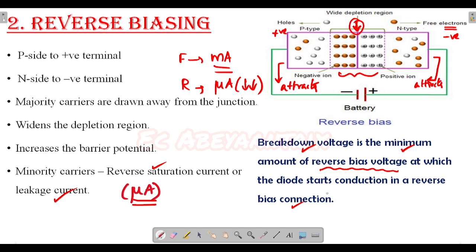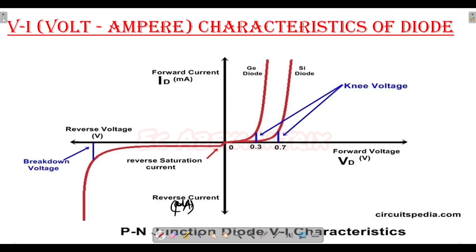There will be a point where the voltage exceeds a minimum reverse bias voltage called the breakdown voltage. At that voltage, the diode starts conducting in reverse bias mode, but with a very, very negligible amount of current. That current is called reverse saturation current or leakage current. Got the point?